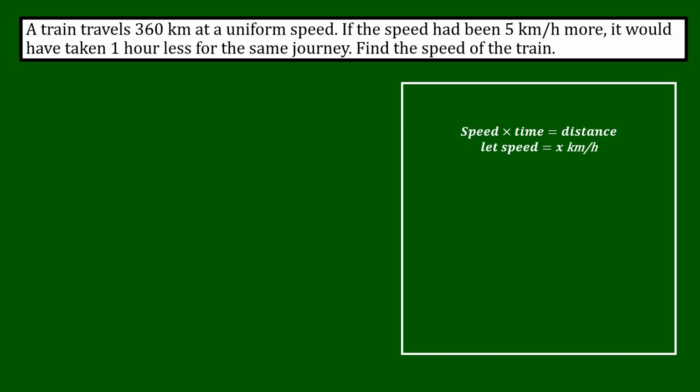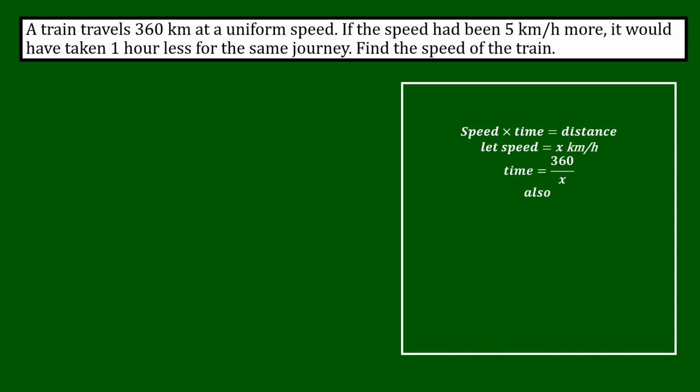Now see, for extracting quadratic equation from this, we'll use this relation, speed into time is equal to distance. How? Let's see. So if speed is x kilometer per hour, time taken will be distance upon speed, 360 upon x, this is the time.